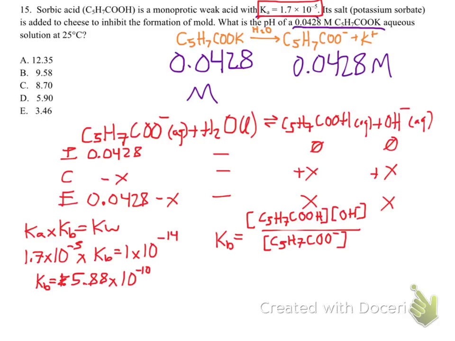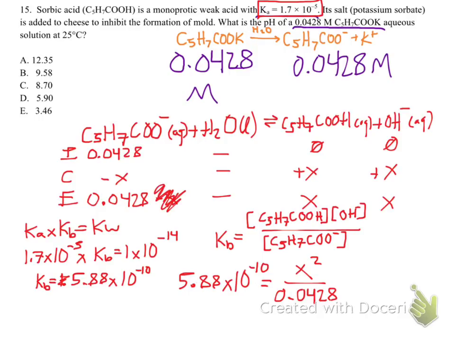Plugging in our values, we'll have 5.88 times 10 to the negative 10th is equal to x times x, or x squared, divided by 0.0428. Remember, this x is going to be insignificant compared to the initial amount of sorbate in there. And then let's solve for x and see what we get.